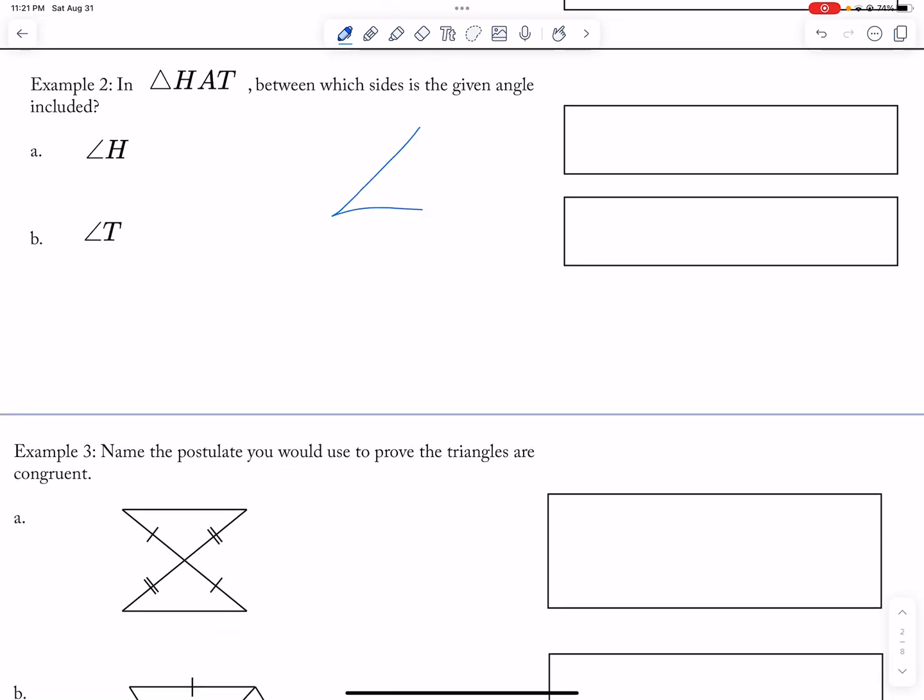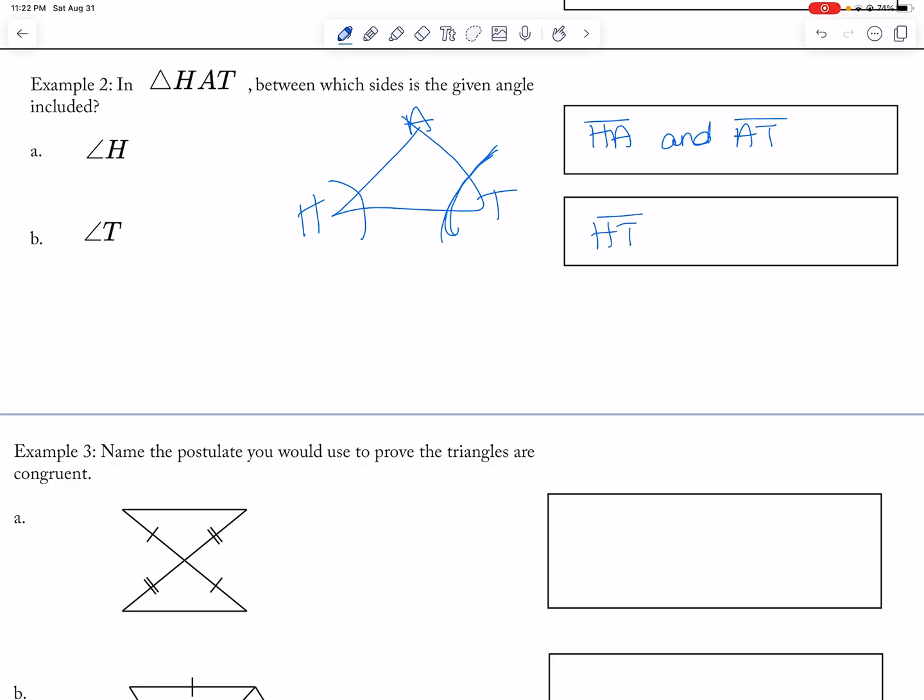Okay, here's HAT, and here's angle H. So that would be sides HA and AT. And then angle T over on this side would be HT and AT.